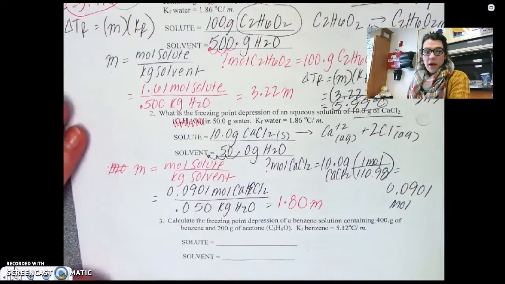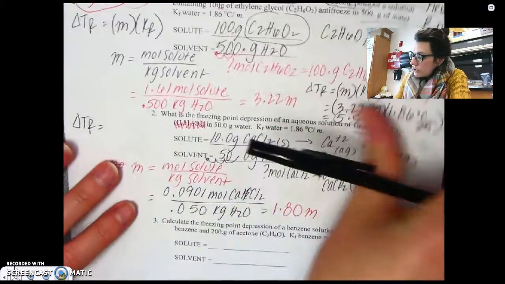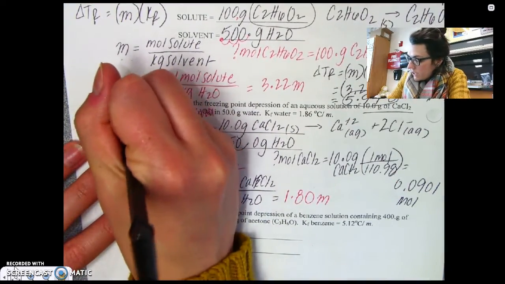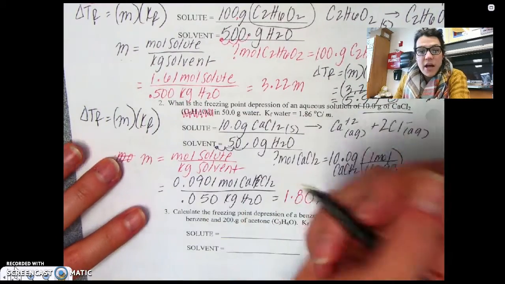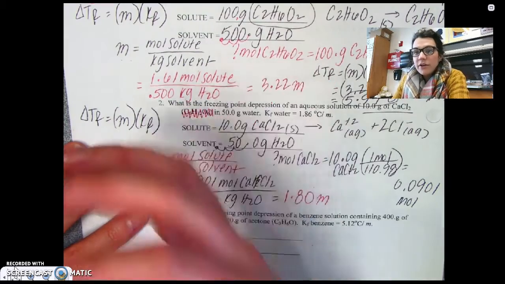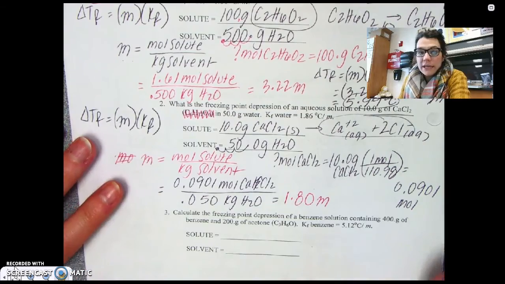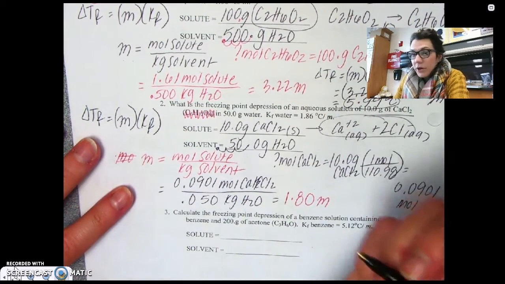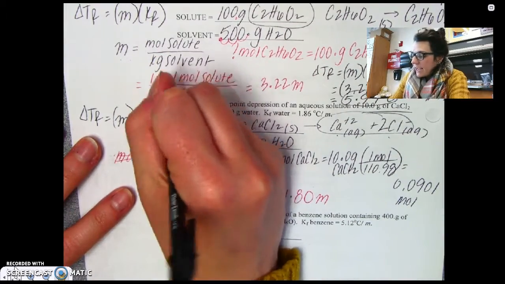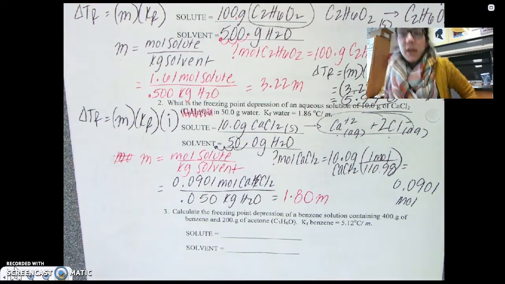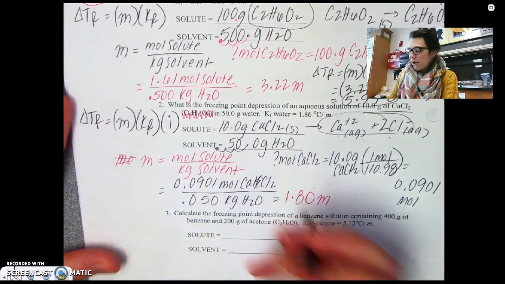Okay, this time I'm just doing delta T of F is equal to the molality times Kf. Now here's the thing, we have to add another value in here now, because instead of just having 1 like we did up there, I have 3 because I have 1 calcium and 2 chlorines. And that's called i. It's called the van't Hoff variable, and that's just going to indicate how many solute particles we have present.